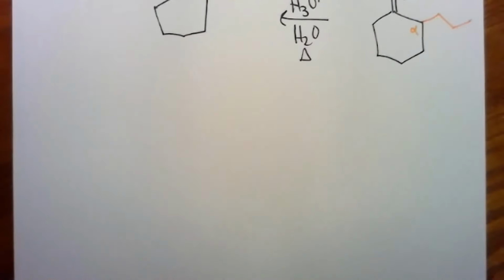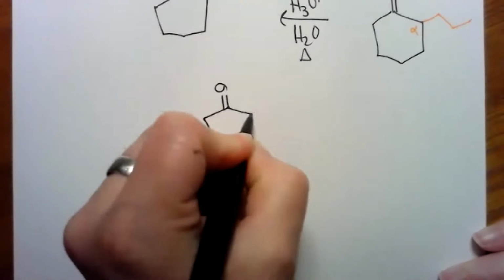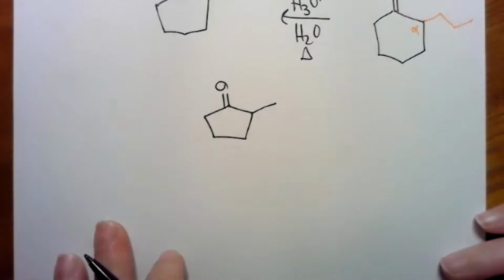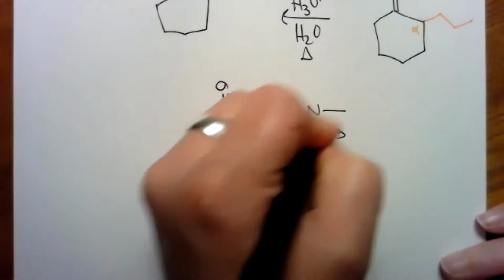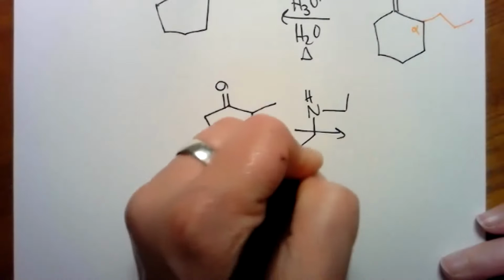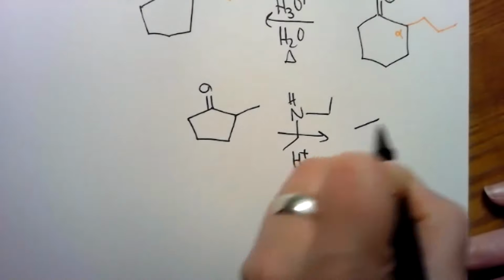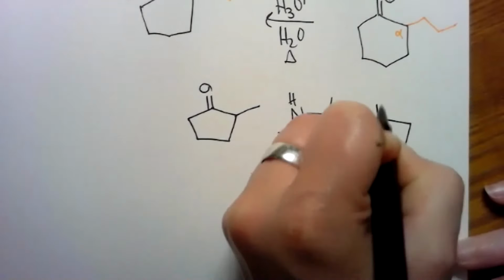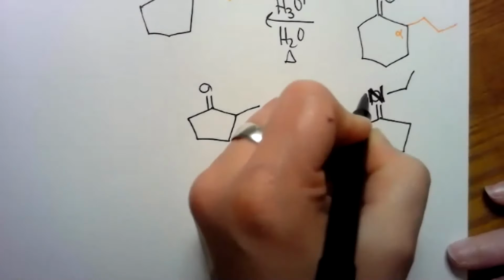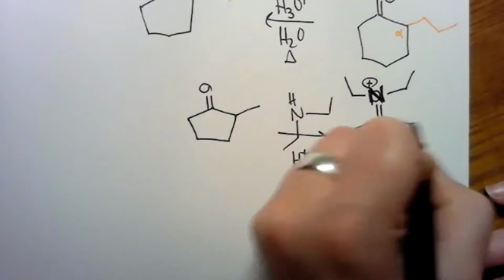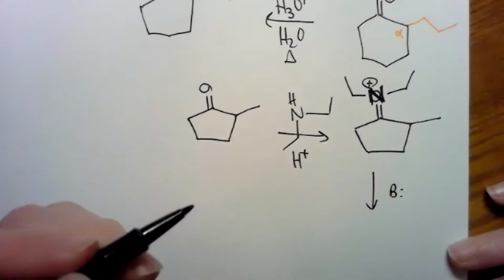If I were using that very ketone that I just showed, when you add a secondary amine, it doesn't matter what that secondary amine is, we're just making it up over here, at your iminium step, some base is going to take a hydrogen.